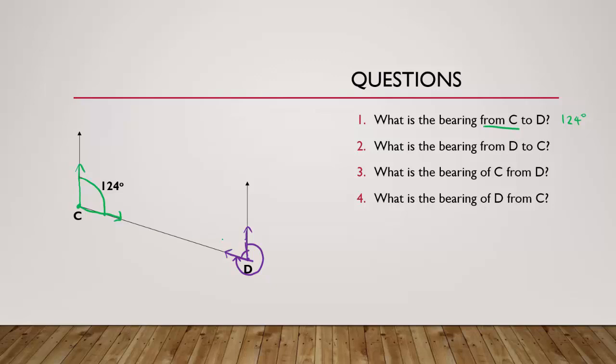So co-interior angles add to 180. So 180 take away 124 is 56 degrees. So this little angle is 56 degrees. So this big reflex angle will be the full circle, 360, take away the 56 degrees, which is 304 degrees.